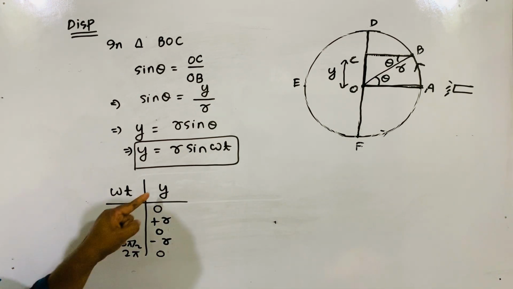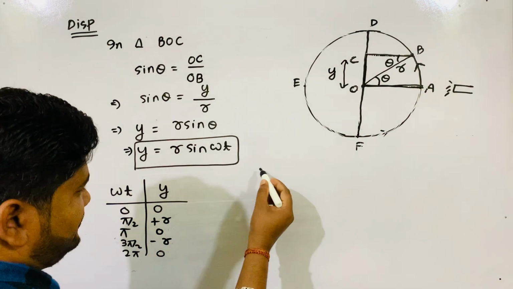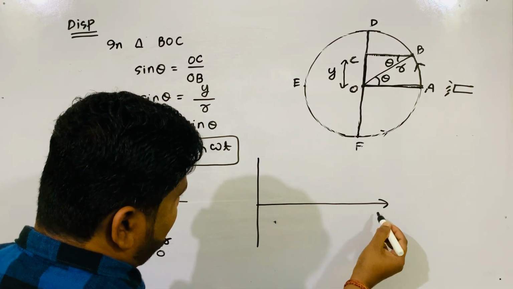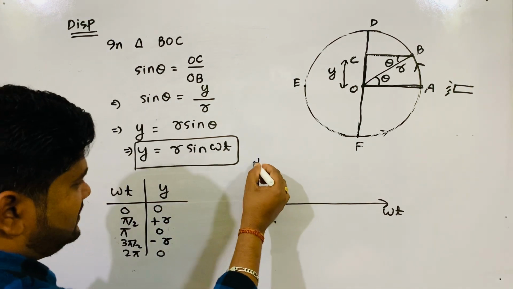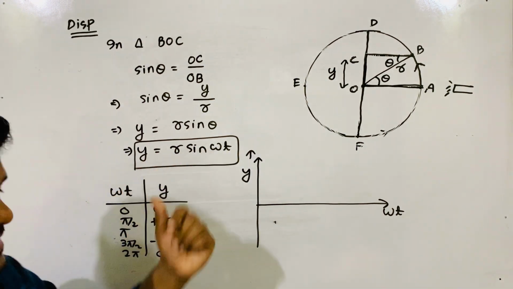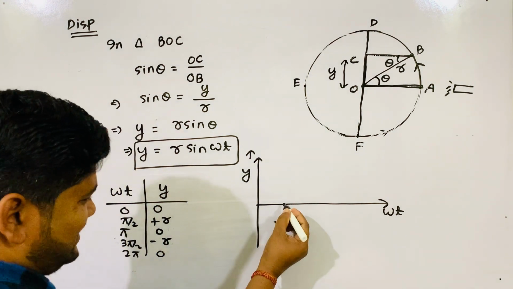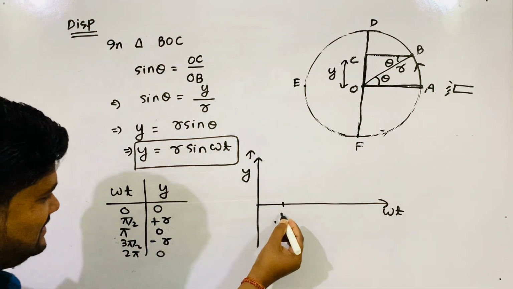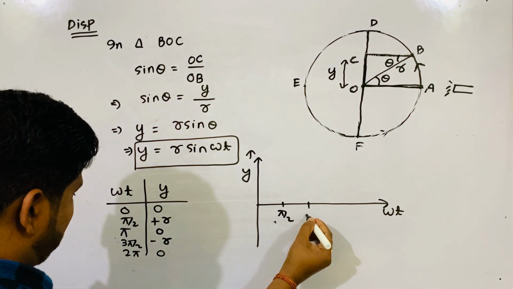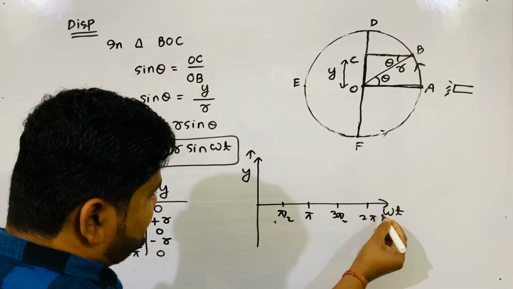These are the points. Let's draw the graph here. Take omega t on this axis and y on this side. The graph will obviously be a sine graph. Mark pi by 2, pi, 3 pi by 2, and 2 pi.